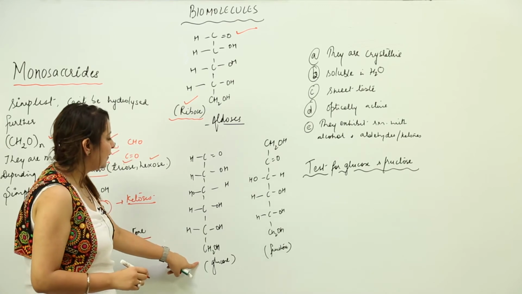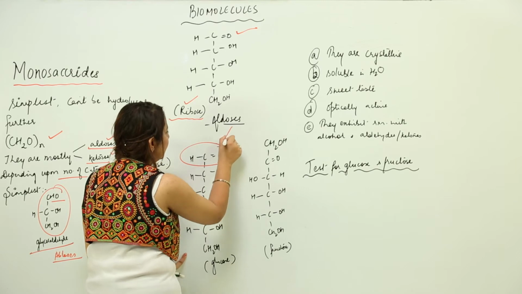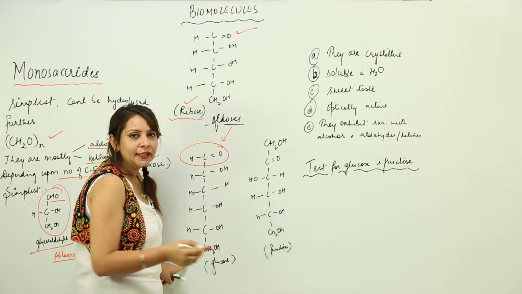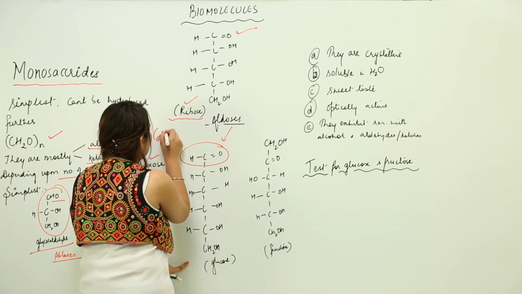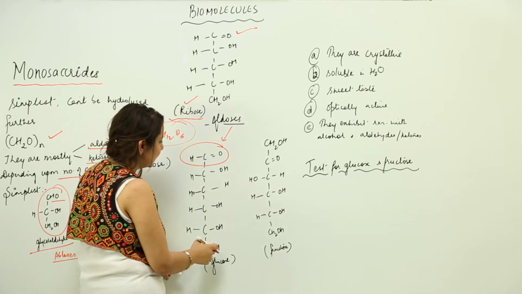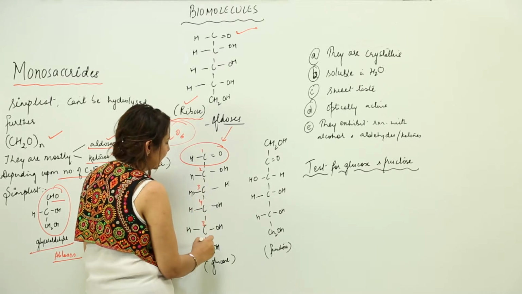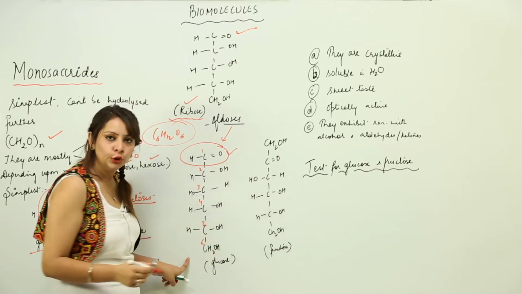And likewise, we have glucose, and in glucose also you can see an aldehydic group, so it is also a member of aldoses. How many carbon atoms? We know that glucose is represented by C6H12O6. It has 6 carbon atoms, 1, 2, 3, 4, 5 and 6, and an aldehydic group.